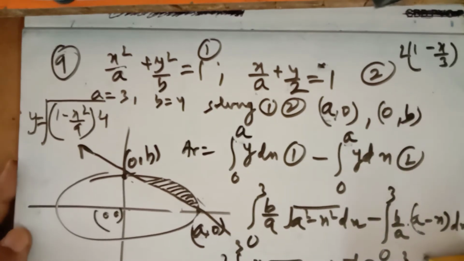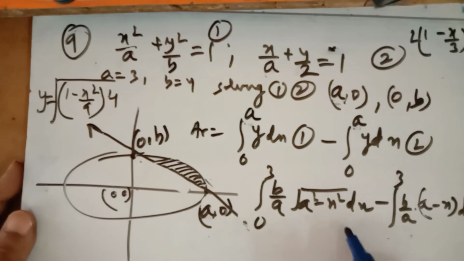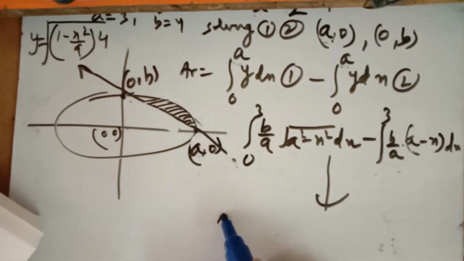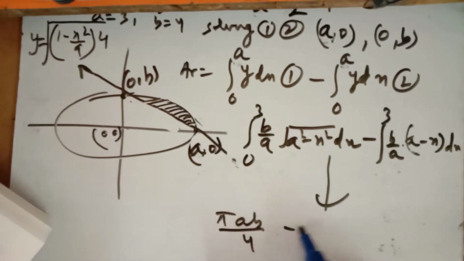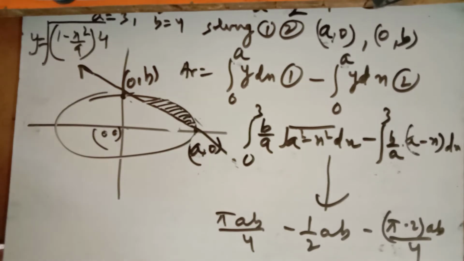So in place of 3 we have a, and in place of 2 we have b. Again by special integral and straight line, when you integrate, upper limit minus lower limit, you will get the area as pi ab upon 4 minus half ab, that is (pi minus 2) ab upon 4, which is the area bounded by these two curves.